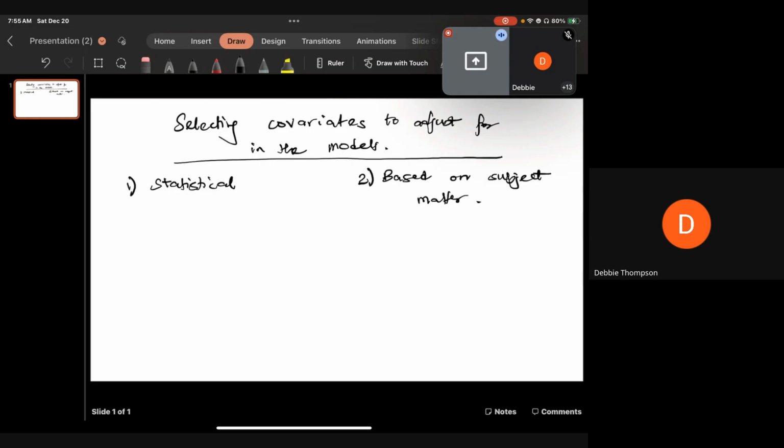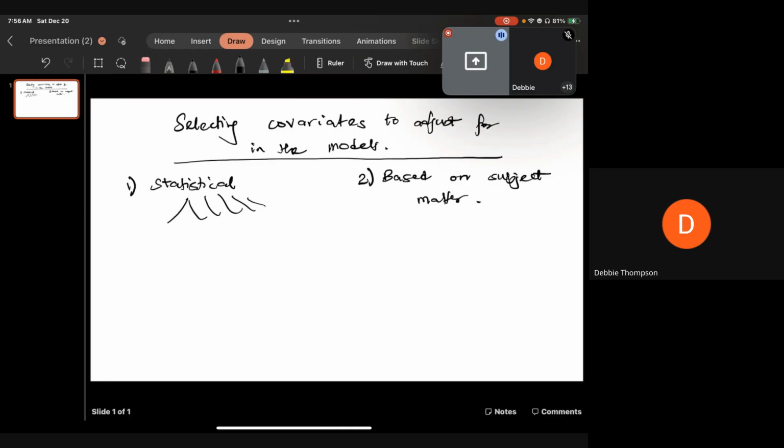In the statistical approach, people do different things, so it depends on who you ask. I'll teach you one approach, the approach that I tend to use in my work, and there are citations for why this is a good approach.